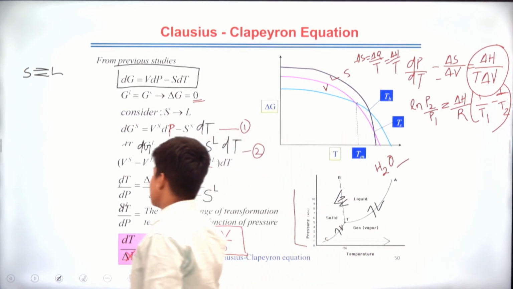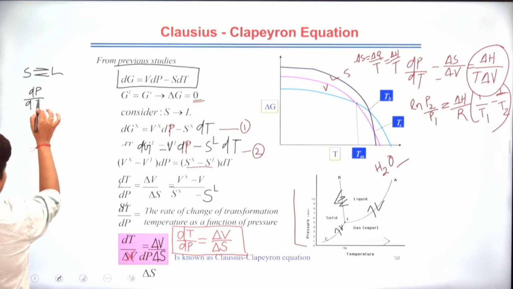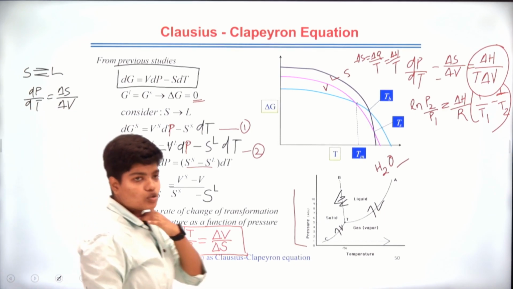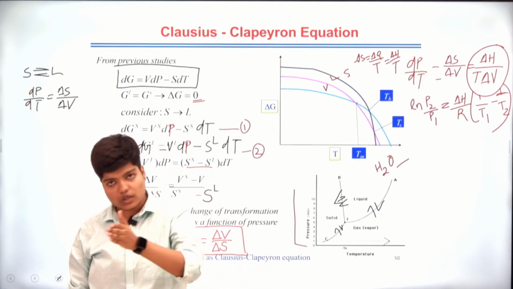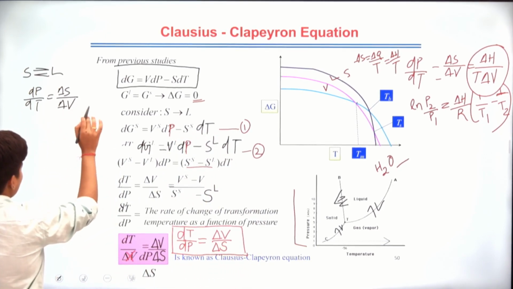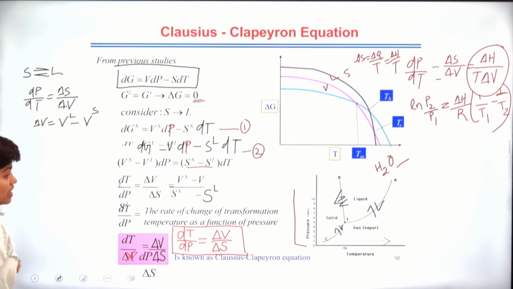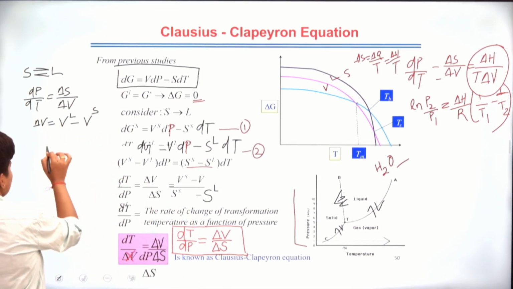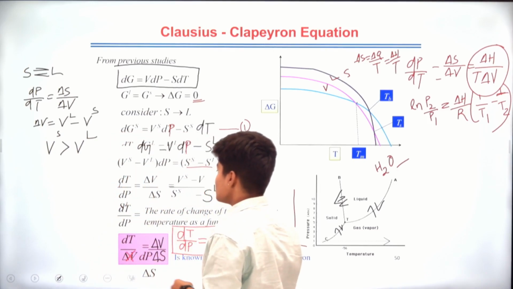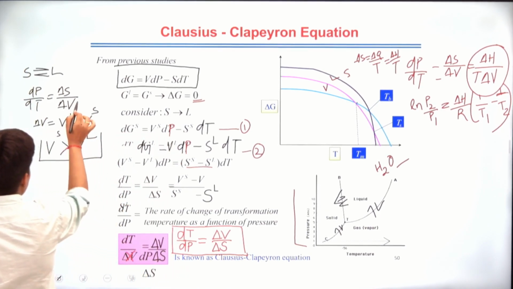For solid to liquid, we can take dP by dT, so the slope will be delta S by delta V. Here the entropy change will be positive because going from solid to liquid, the randomness increases, but the volume will decrease. Delta V is equal to V liquid minus V solid, and in thermodynamic form, for water the volume of solid is greater than the volume of liquid, so this term will be negative.